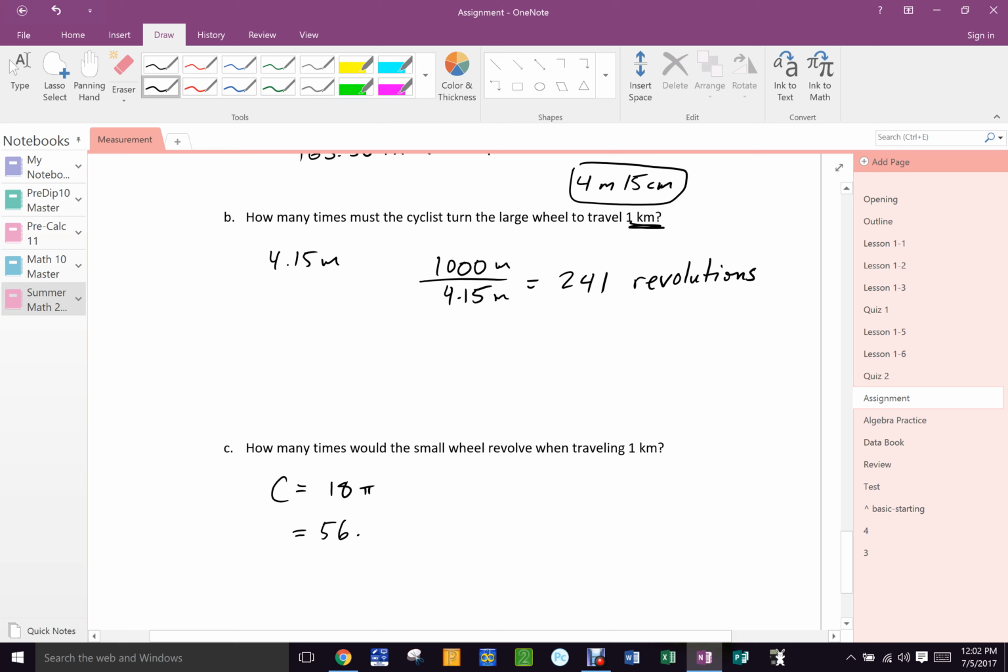Okay, so 56.54 inches times 2.54 to get centimeters. So that's going to be around 143 centimeters, which is 1.43 meters. So I got to do 1,000 divided by 1.43 to get probably around 700.